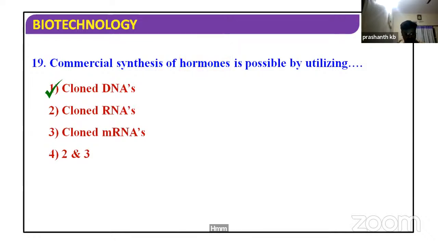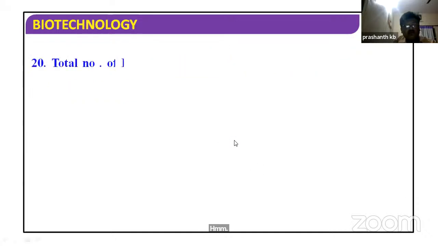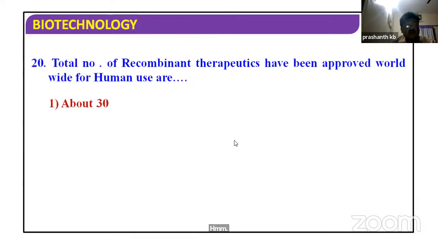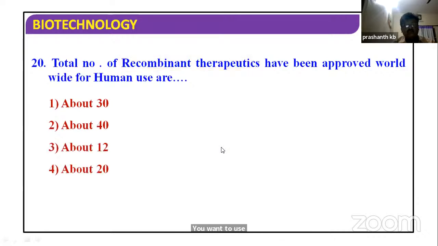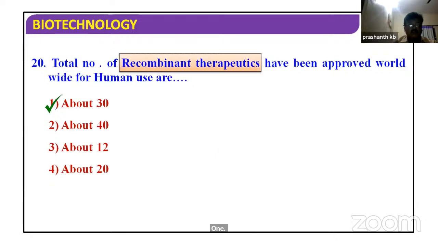Next. Total number of recombinant therapeutics that have been approved worldwide for human use are 12, sorry, 35. Human therapeutic use.